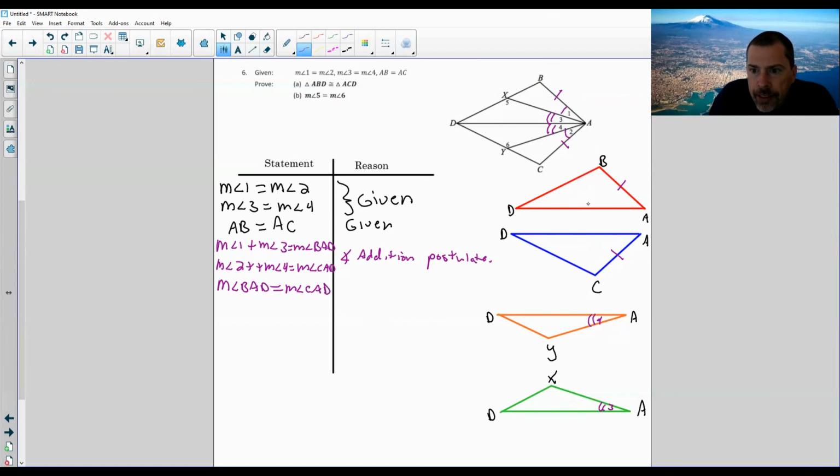BAD is this angle here, equal to CAD, which is this angle here. So now I have an angle and a side for my triangle, and then I can say AD is equal to itself. So AD equals AD, reflexive.